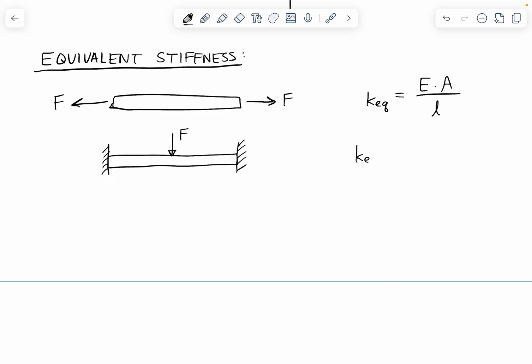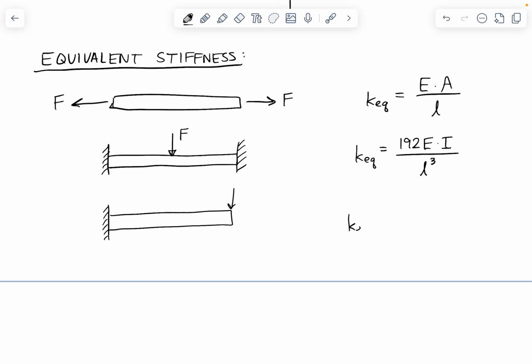For this scenario, our equivalent stiffness is 192 times Young's modulus times I, which is the area moment of our cross-section, divided by the length cubed. And then lastly, let's talk about a cantilever with a load on the end, and that equivalent stiffness is 3 times Young's modulus times I divided by L cubed.